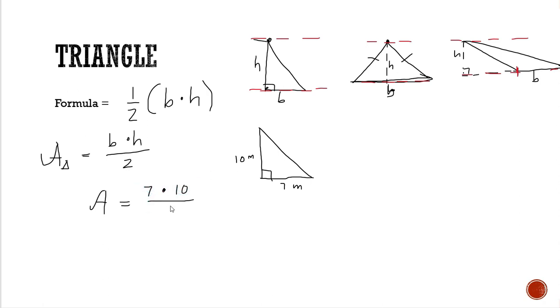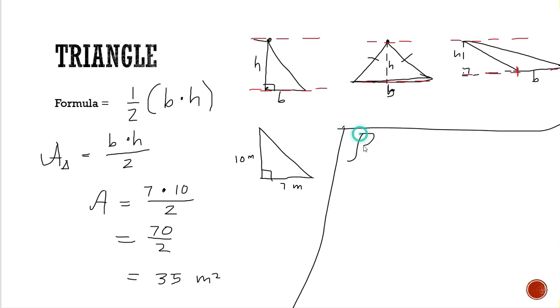The area is equal to the base, 7, times the height, 10, divided by 2. So 7 times 10 makes 70, and then divide by 2. Therefore, this is equal to 35. And don't forget the unit for area would be square meters. Right, very clear and easy.